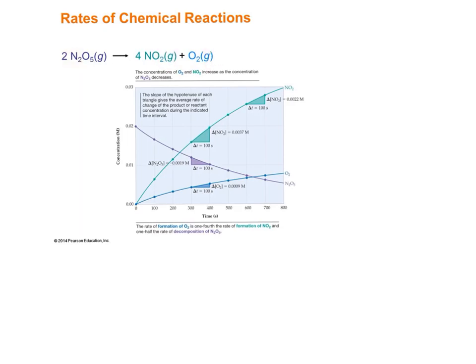Our dinitrogen pentoxide decreases during the course of this reaction. So it's the downward going line. Our nitrogen dioxide increases and our oxygen also increases.